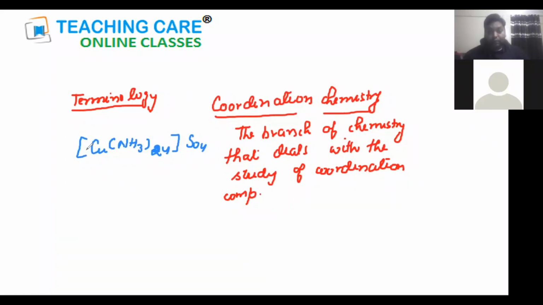So a coordination compound consists of a central atom. This is your center. In a coordination compound, there is one central atom. The central atom is the atom which is going to be in the center and which is going to form the bond with the anions.